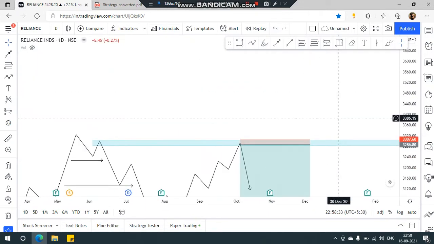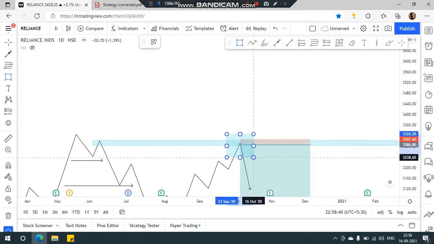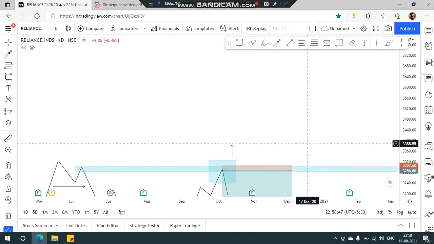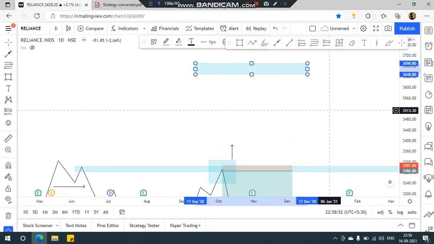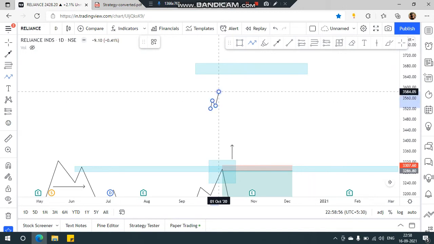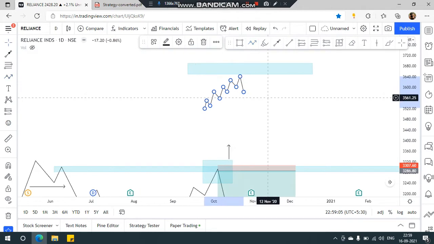Another type of entry is to go to a lower time frame. Whenever the market touches here, we go to a lower time frame. The lower time frame scenario I'm drawing here: draw the POI, and in a lower time frame the price forms something like this, touches our POI or maybe goes near it, then breaks a small structure.